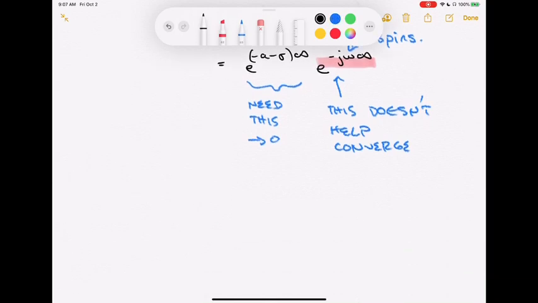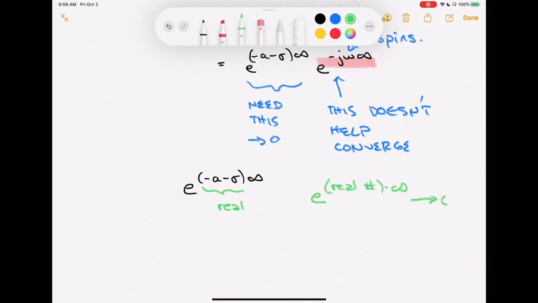I have e to the minus a minus sigma times infinity. Just because I said a was real, this whole thing is real. So I have e to a real number times infinity, and I want it to go to zero.